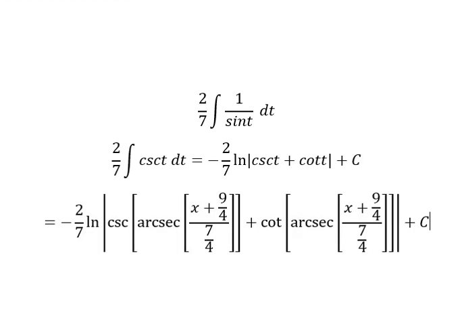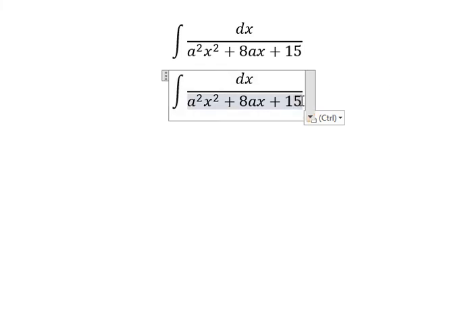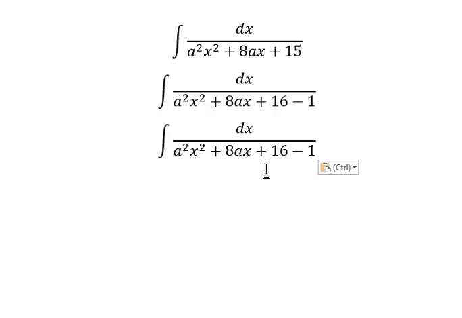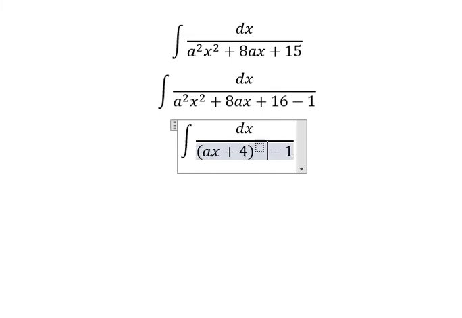Now let's go to the next one. For this one, we know that 15 is 16 minus 1. So this is an identity. We can put (ax plus 4) to the power of 2.